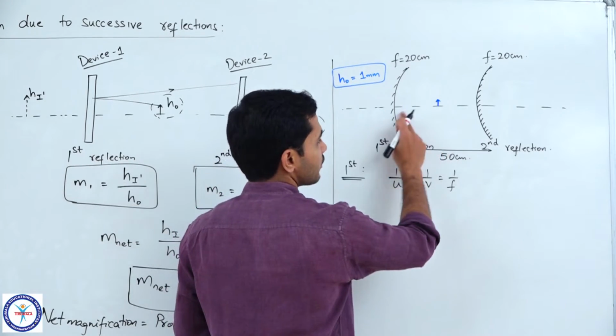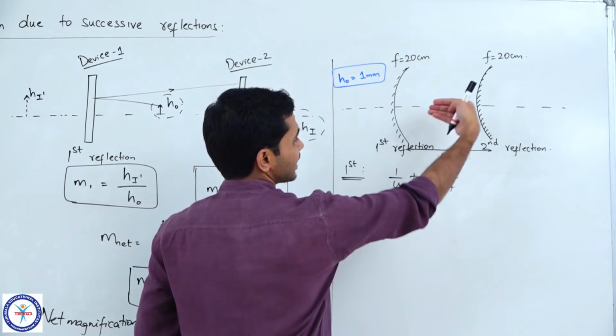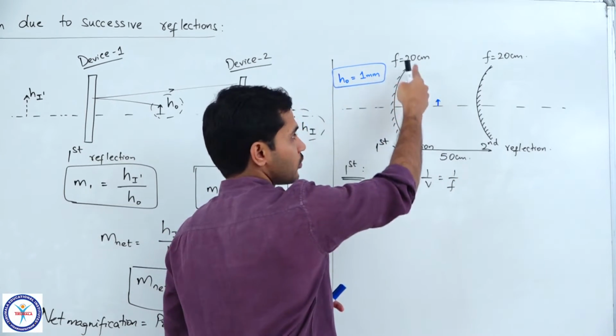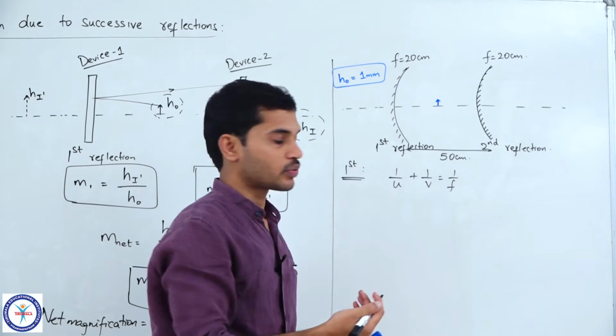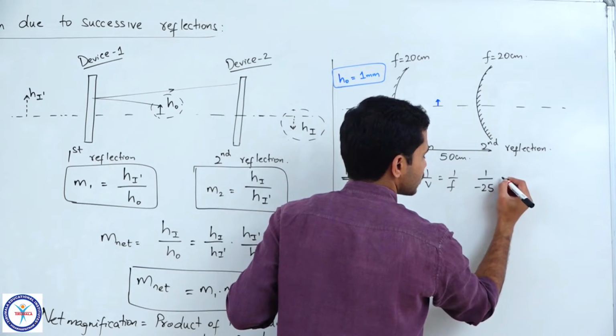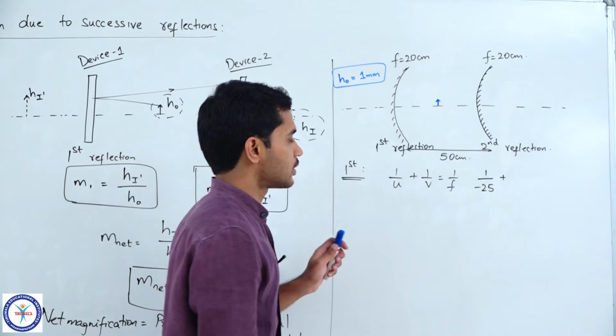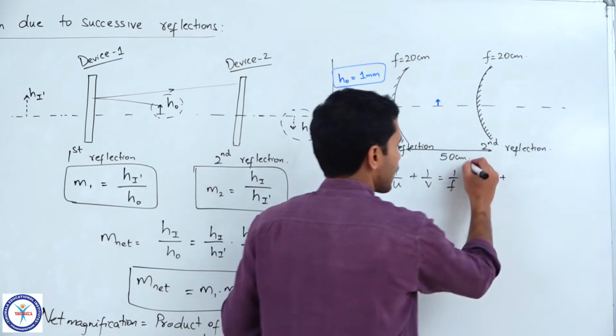Because it is placed halfway, this length will be 25 centimeters, and you know that this direction is positive for this mirror, but the object is on the other side, so I should be using minus 25. So I will be substituting the values 1 by minus 25 plus 1 by v. What is v here? v is what we will have to calculate.